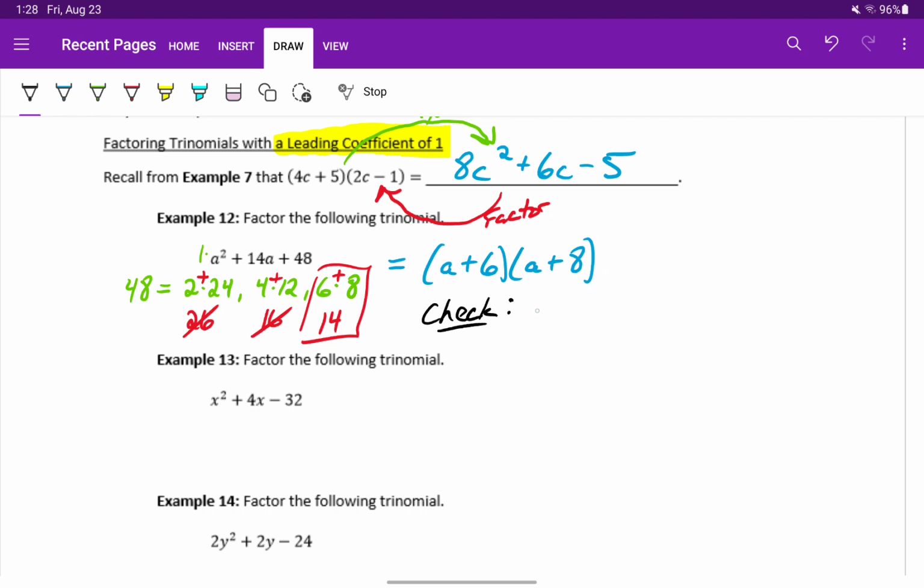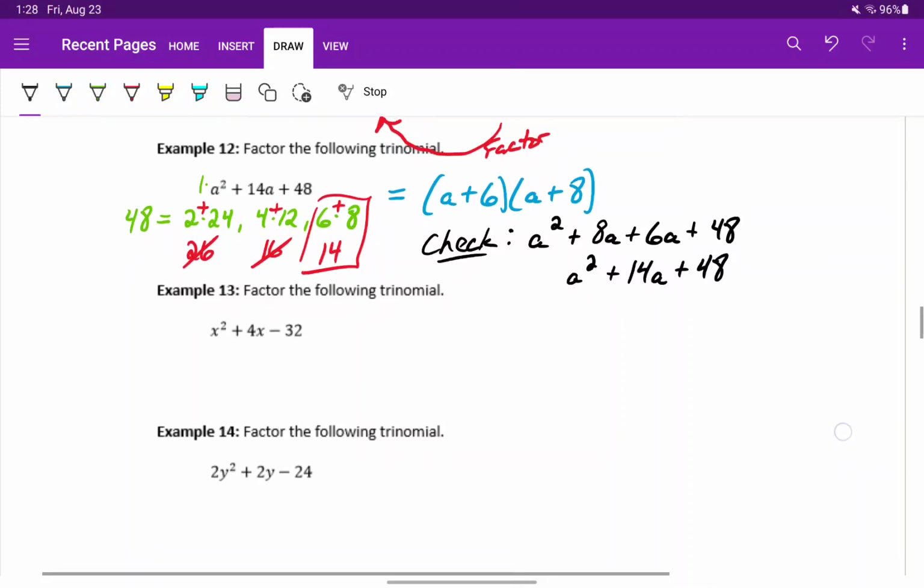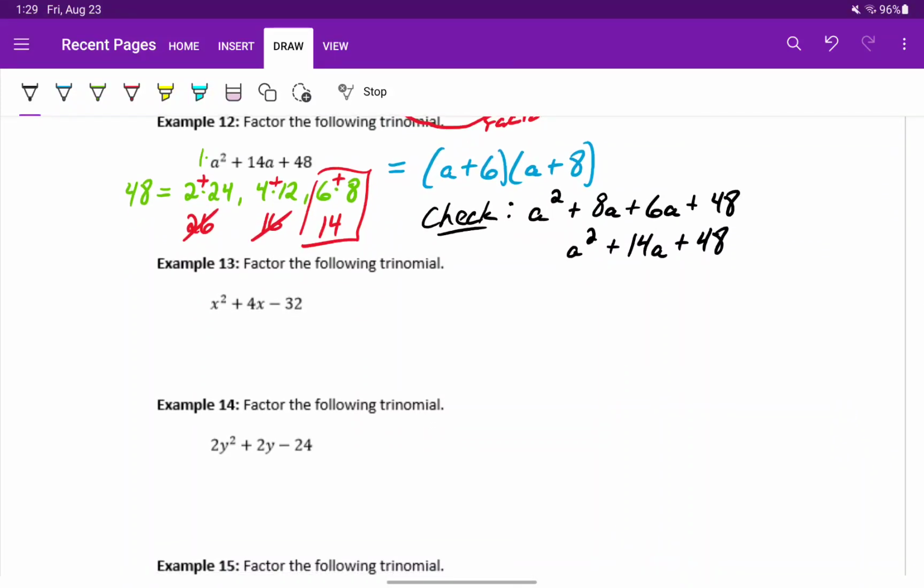Since we're multiplying two binomials, we'll FOIL to get a squared plus 8a plus 6a plus 48, which will become a squared plus 14a plus 48. Since we can expand that out and get back to the original problem, we know we have the correct factored expression of that polynomial.